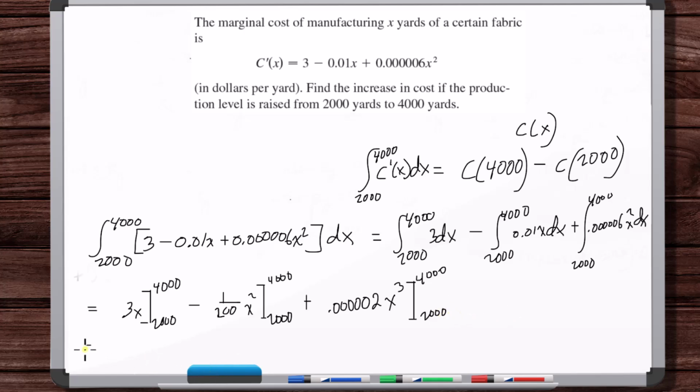Okay, so we can factor out the constant, and we've got 4,000 minus 2,000. Okay, and let me just make this 0.02.